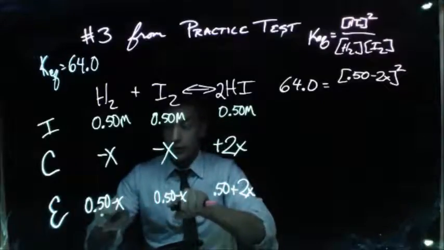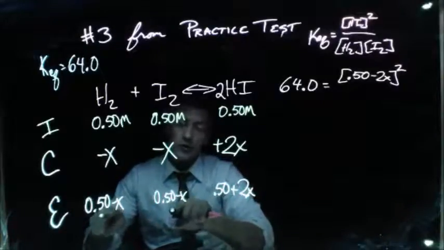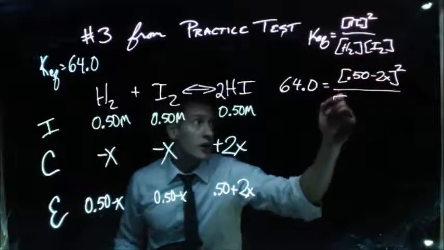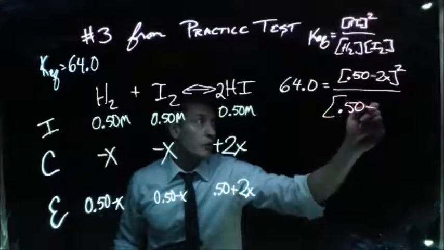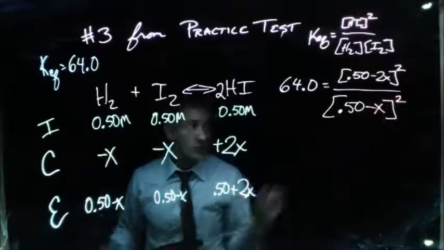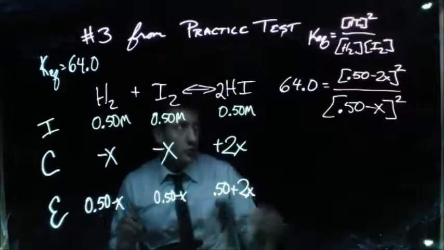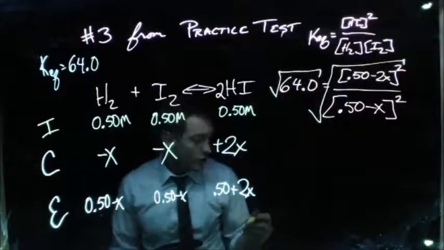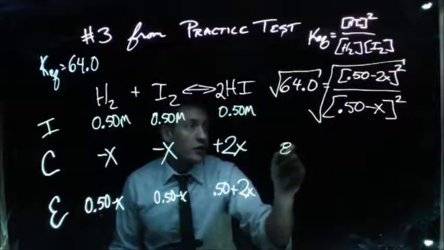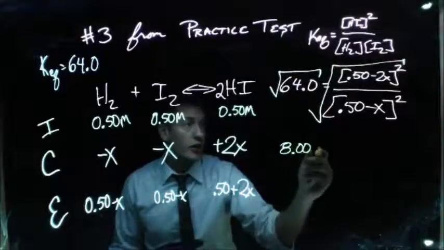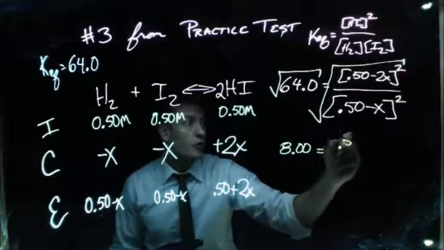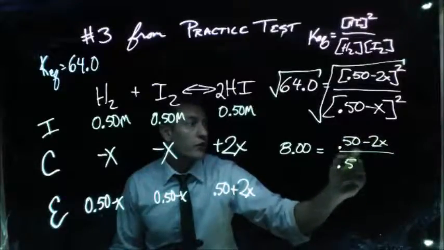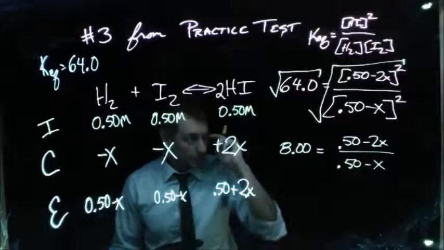It's going to be 0.50 minus x times 0.50 minus x. So rather than write that in times itself, we are going to just write it in as 0.50 minus x squared. To take care of those squareds, we will take the square root of both sides of this equation. Square root of 64 is 8. We'll go 8.00 to honor sig figs equals 0.50 minus 2x over 0.50 minus x.